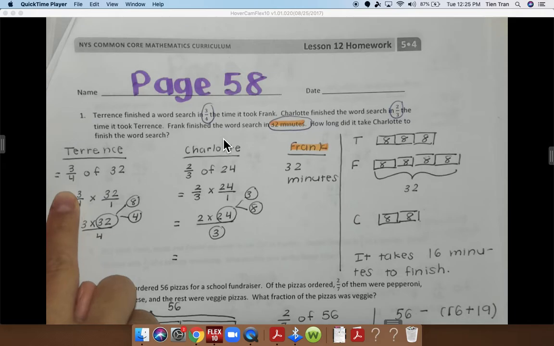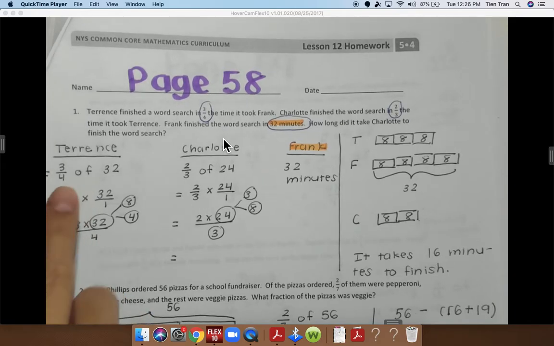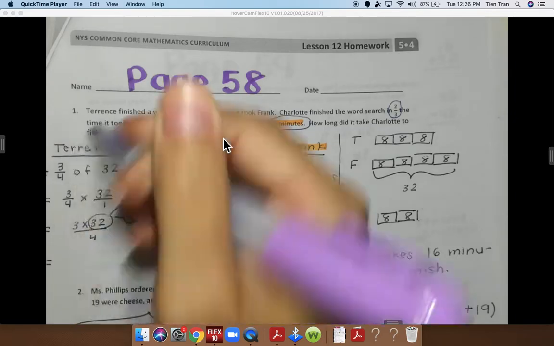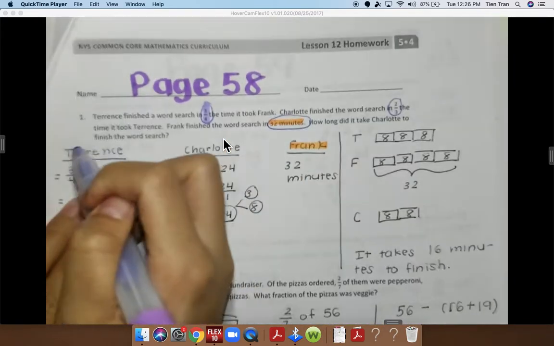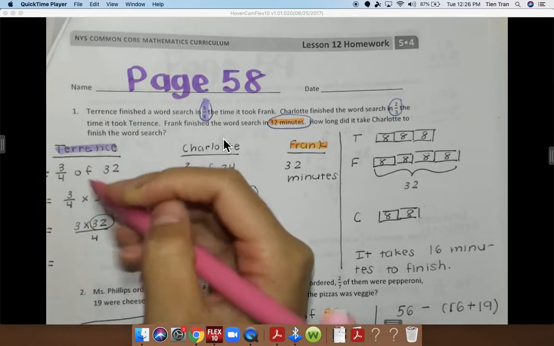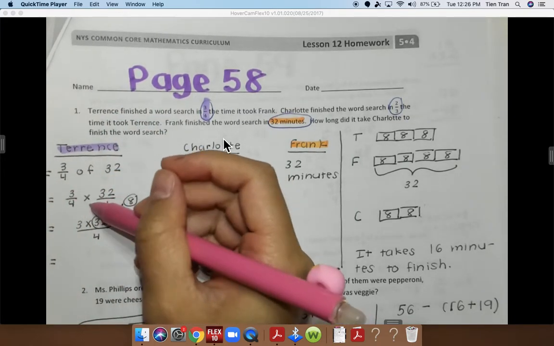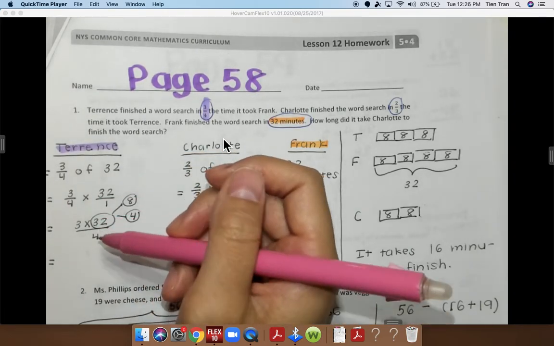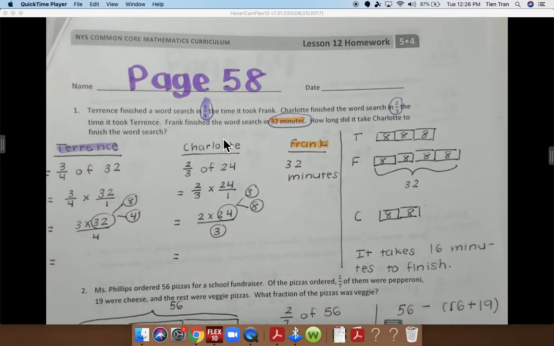So first we're going to multiply 3/4 of 32 to figure out how much time Terrence took to solve the problem. So I am multiplying right here 3/4 of 32. We have 3 times 32 and 4 times 1. For this problem, you can either multiply straight across or you can break down 32.